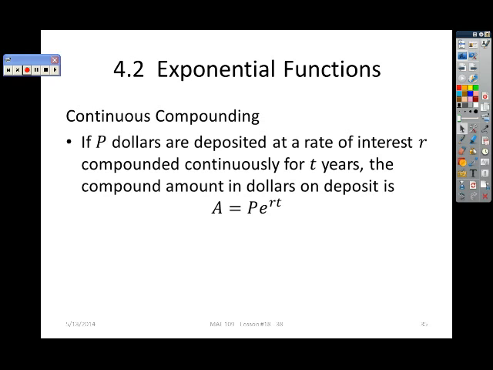That's called continuous compounding, where it's compounded essentially every instant. Well, that reduces then to a formula of this type. You still have the A, you still have the P, but instead of the parentheses, what you now have is E raised to the RT power. That's where you get your interest rate and your number of years in the exponent of that base E.